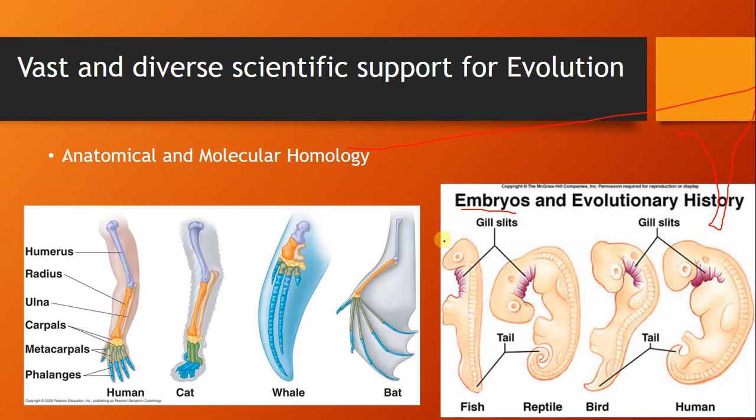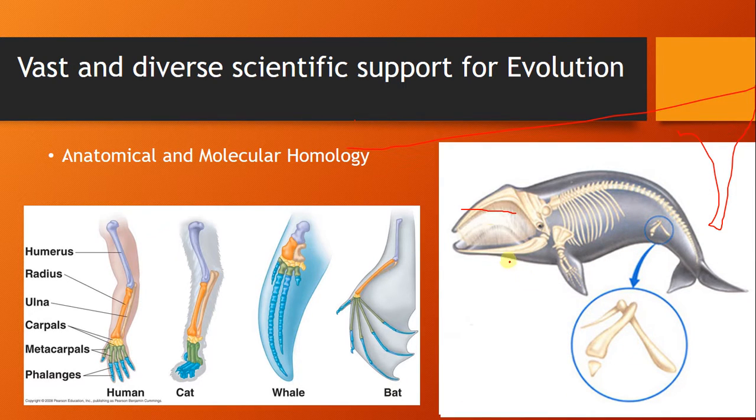Why is that? Because fish, reptiles, birds, and humans all had a common ancestor a long time ago that had gill slits, or that breathed underwater. Same thing, we humans develop tails, just like birds and reptiles and fish, except the tails disappear later in development. And that's because earlier we had an ancestor that had tails.